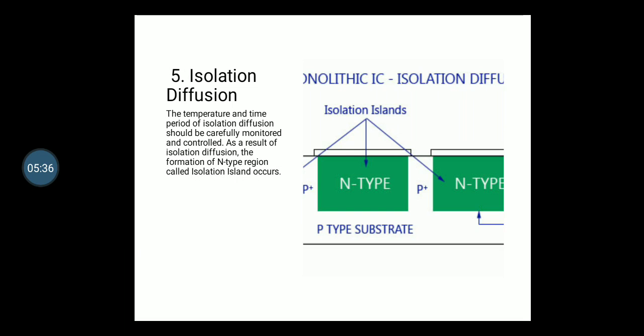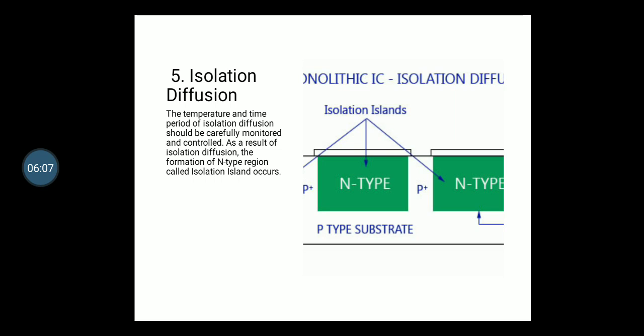Next is the isolation diffusion. The temperature and the time period of isolation diffusion should be carefully monitored and controlled. As a result of the isolation diffusion, the formation of n-type regions called isolation islands occurs. In this, four components have to be fabricated, so we require four isolated islands.